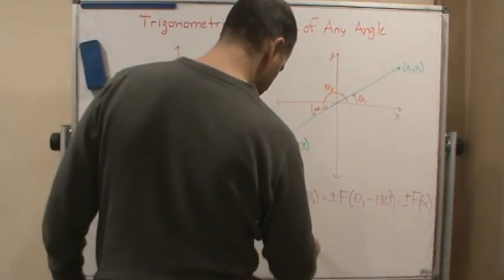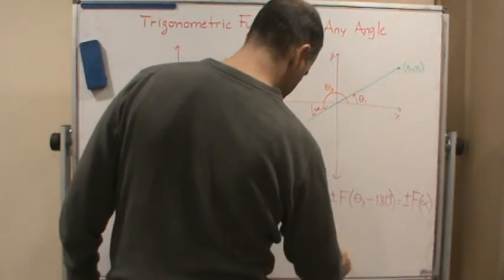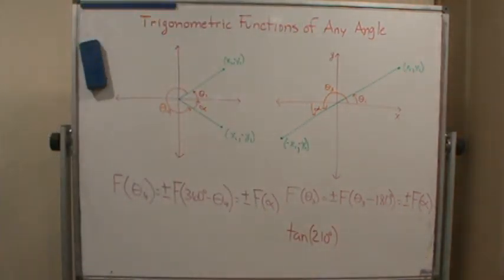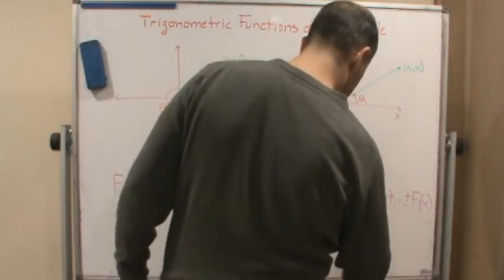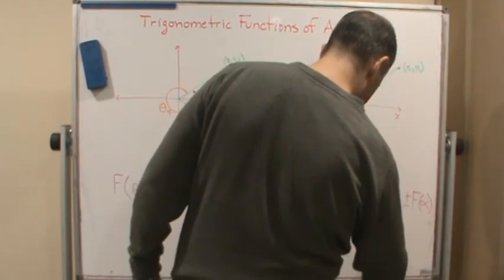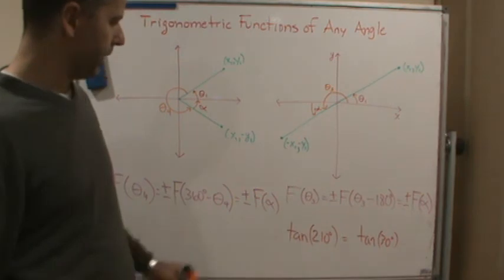So tangent of 210 degrees is equal to plus or minus tangent of 30 degrees. Now, is it plus or minus? Well, that's where we go to the quadrant.